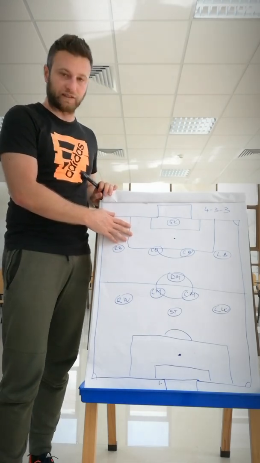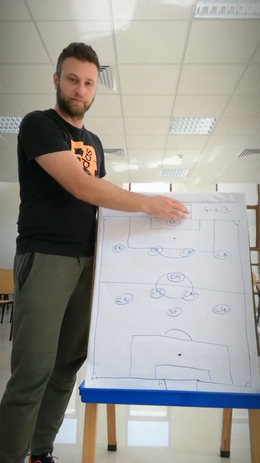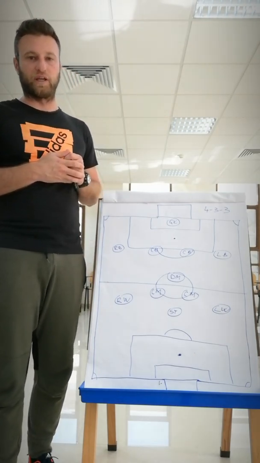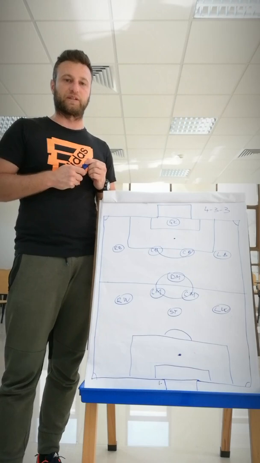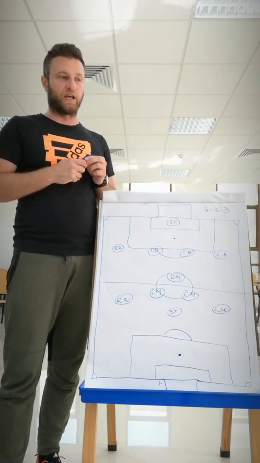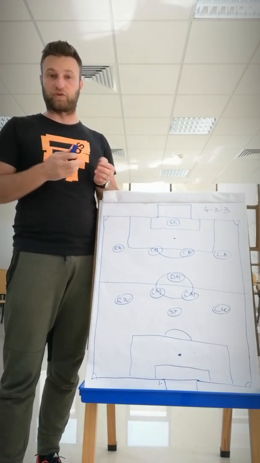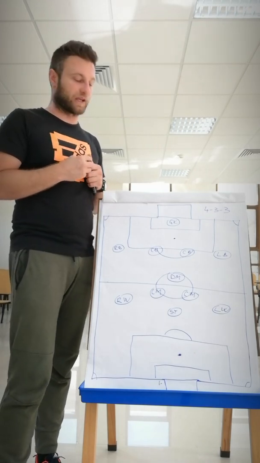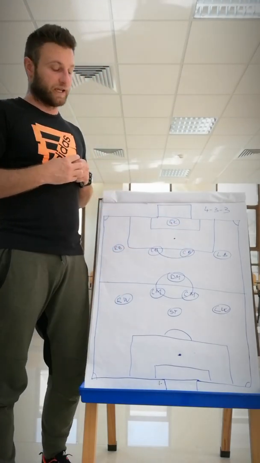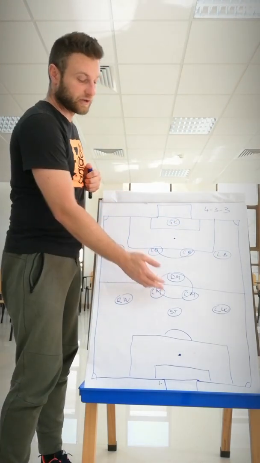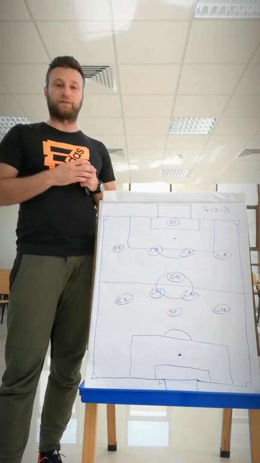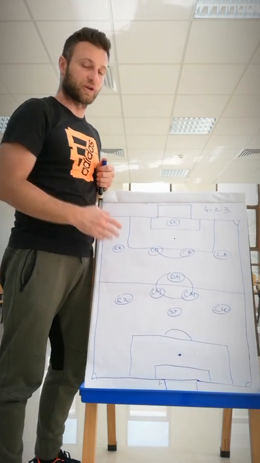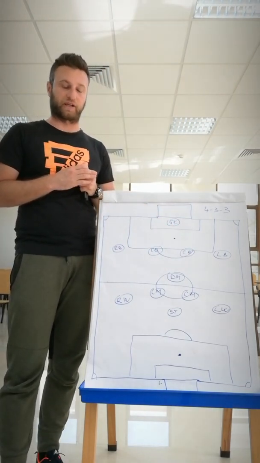I put my team here in the 4-3-3 system, which is the most commonly used, but we know other systems that teams all around the world are using: 4-2-3-1, 4-4-2, and there are some that play with only 3 defenders at the back and an extra midfielder or an extra attacker. It all depends on the system and how the coach is going to put his players on the park.